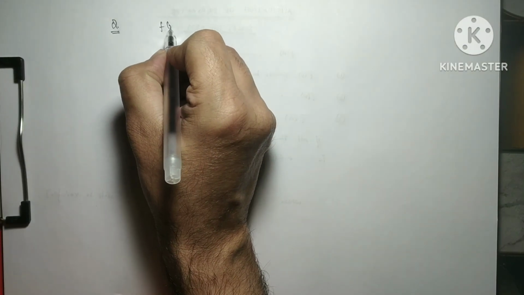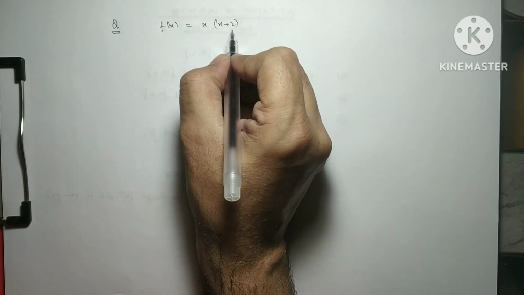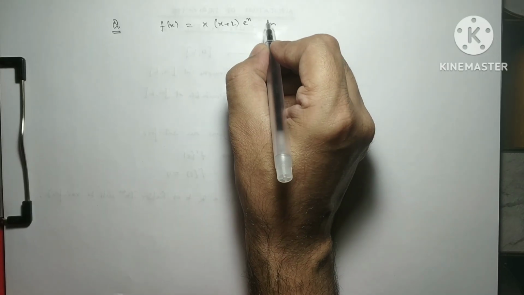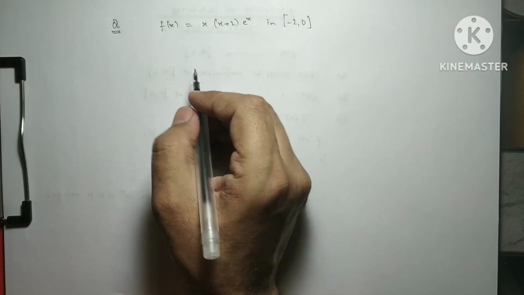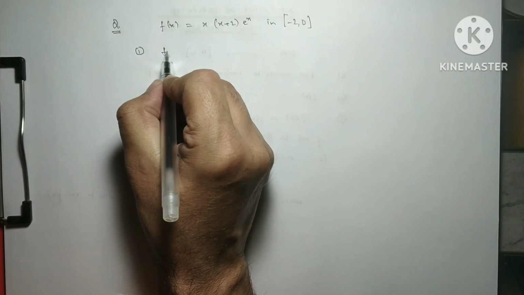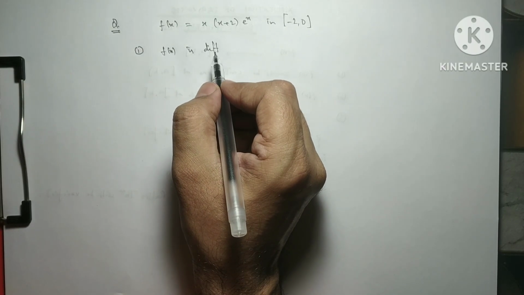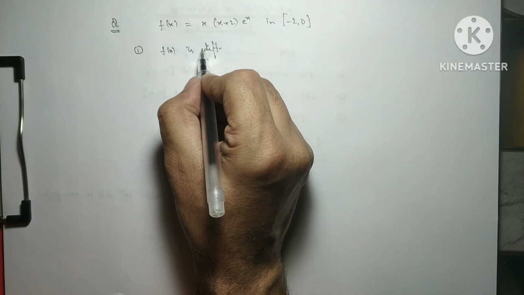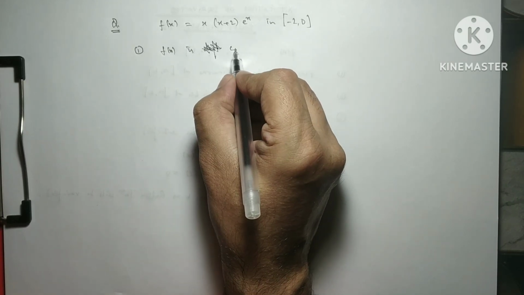The given function f(x) is x times (x + 2), multiplied with e to the power x, and the interval is [-2, 0], closed interval. So first we will write the first statement: the function f(x) is continuous at closed interval [-2, 0]. For the verification, there is no need to prove this.